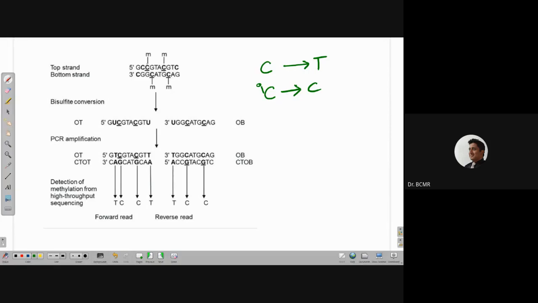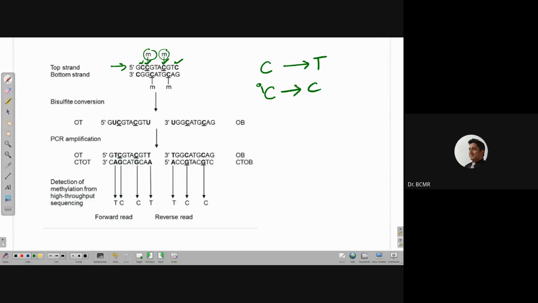If you see here, we will just follow the top strand. There is a C here and a methylated cytosine. A cytosine, second base, and the third base is a methylated cytosine. 4, 5, 6, 7. The seventh cytosine is also methylated, and the 10th cytosine is unmethylated. M is for methylation.